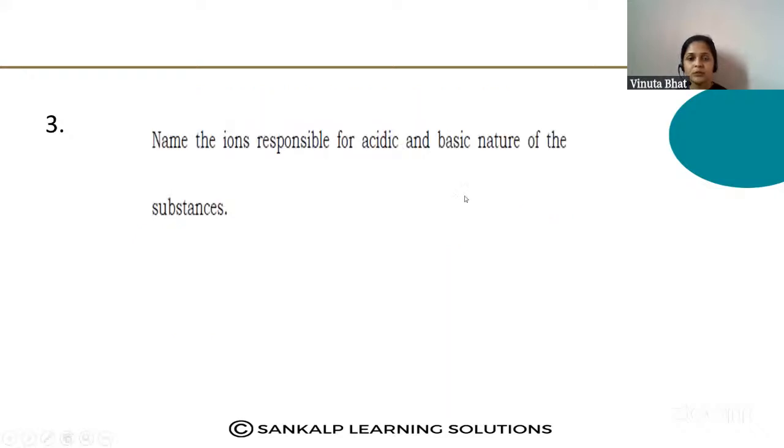Next question. Name the ions responsible for acidic and basic nature of the substance. The ions responsible for the acidic property are H plus ions. In the aqueous medium, they form H plus ions.